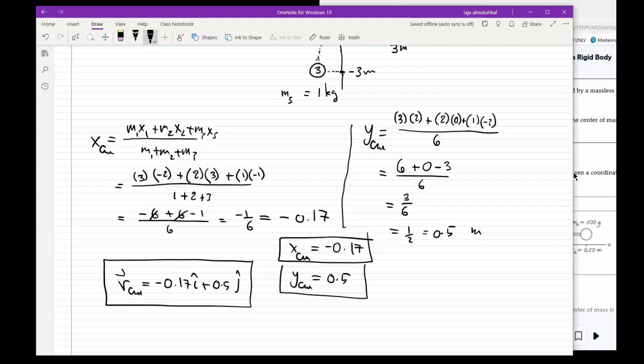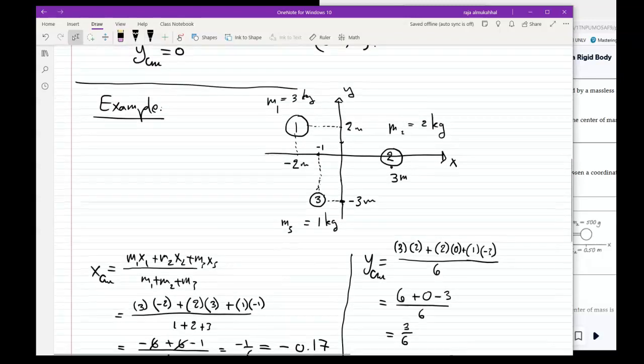Or I can write it as a point. The point would be x sub cm comma y sub cm, and that will be equal to negative 0.17 comma 0.5. Now let me plot it, okay? So if I'm going to plot it, let me use a different color.